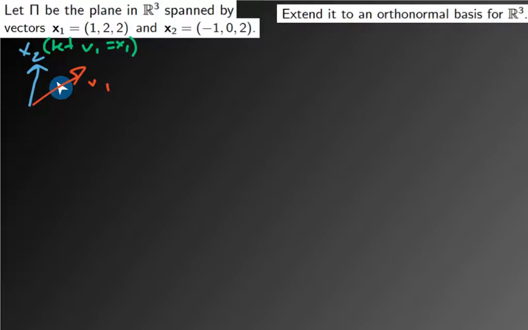The way we can start this process is we take x2 and subtract off the projection vector onto v1. Combining them gives you a perpendicular vector.